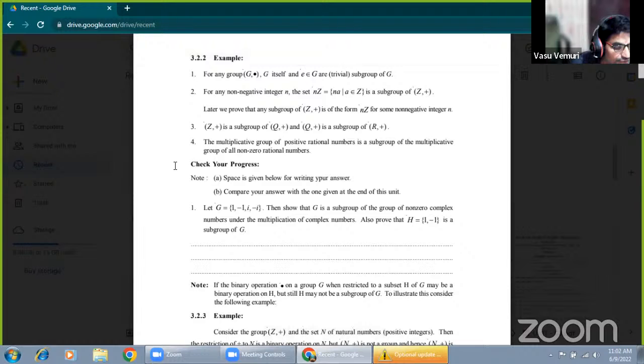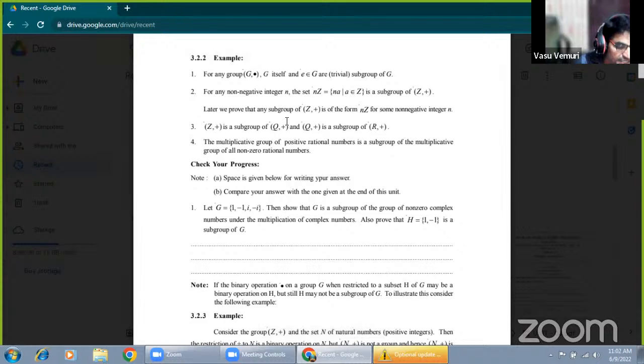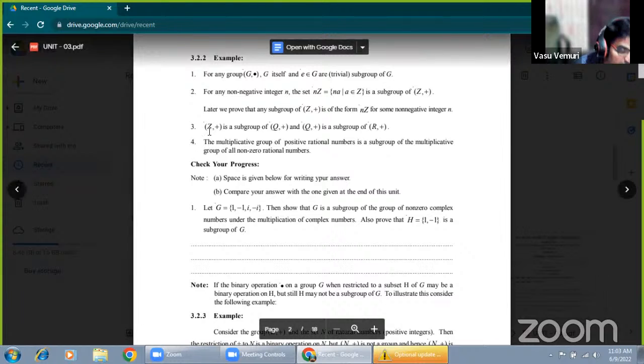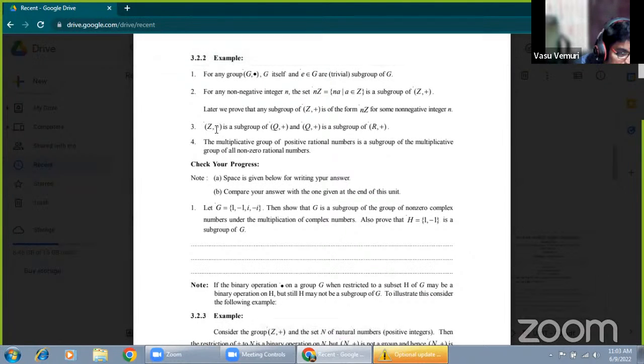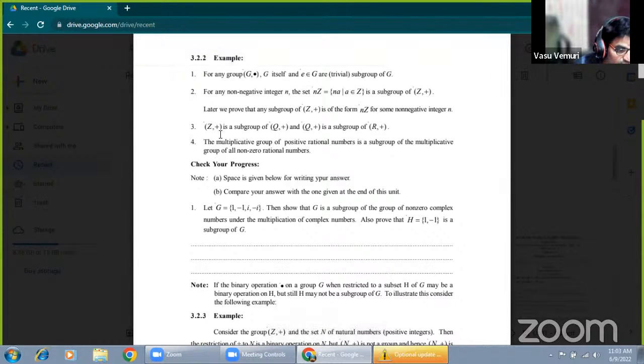Okay. Now the third one, Q under addition is a group. In the group the elements are rational numbers. What are the subgroup elements? That is integers. In the group of rational numbers, the subgroup is integers under the same operation. Suppose addition is the binary operation given in this group, and the subgroup has the same binary operation, which should not vary.